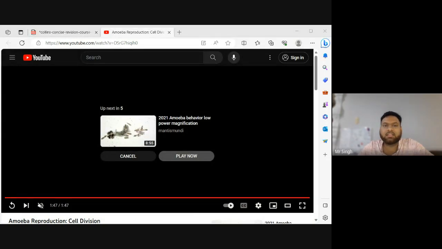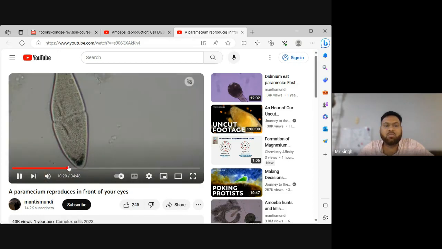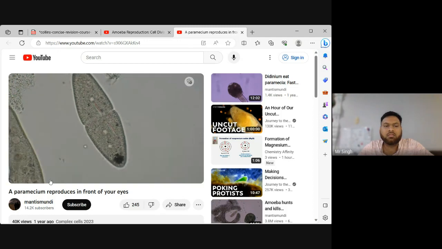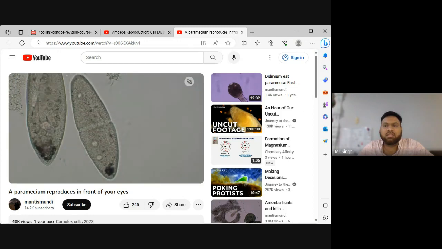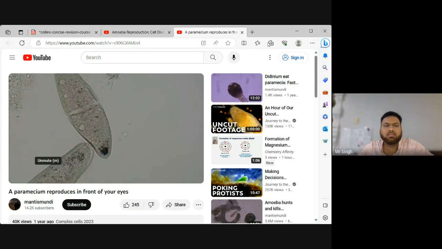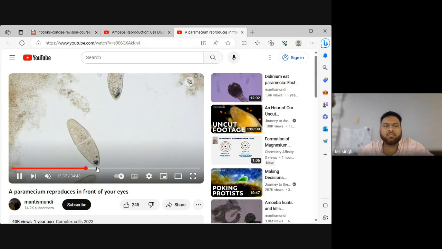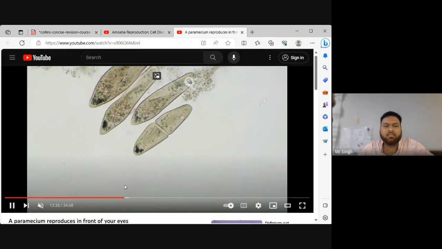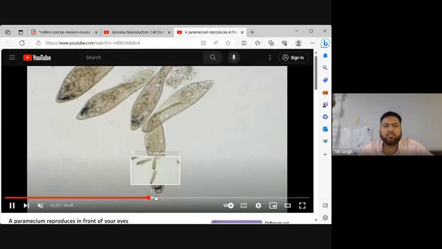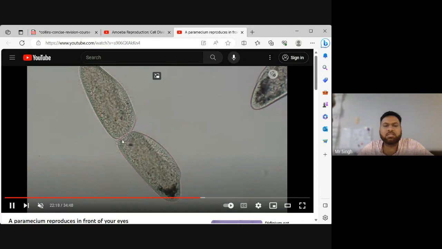We look at our next one. This is a paramecium. So we see it splitting here.